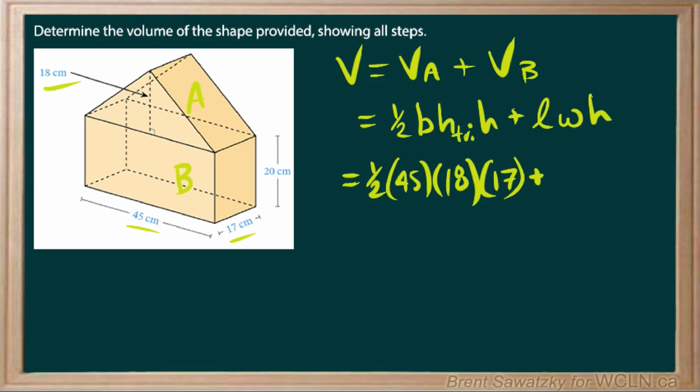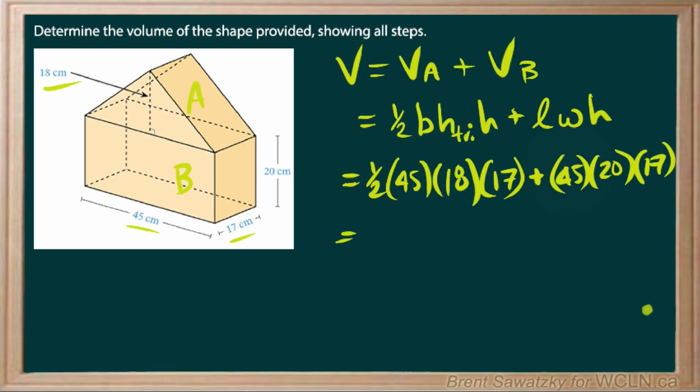So plus the rectangle on the bottom, we could say the length is 45. And then the width of that would be 20. Again, if you looked at it slightly different, that would be fine if the numbers are interchanged a little bit. And then the height of that would be 17.